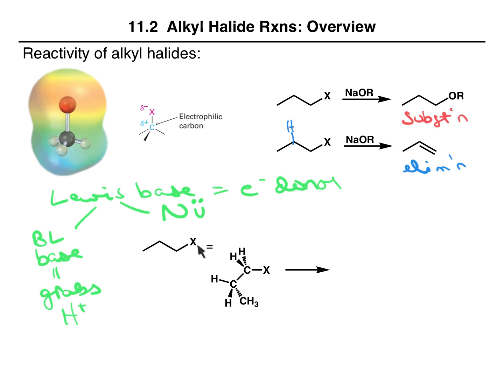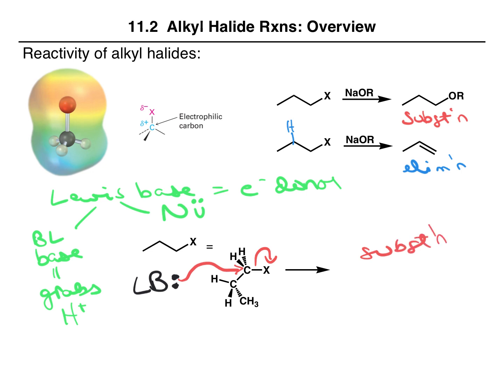So if this is our alkyl halide substrate, and we have a Lewis base that has a lone pair of electrons, either it can approach the carbon bearing the leaving group, form a new bond with that carbon, and push away the halogen, leading to the substitution product.